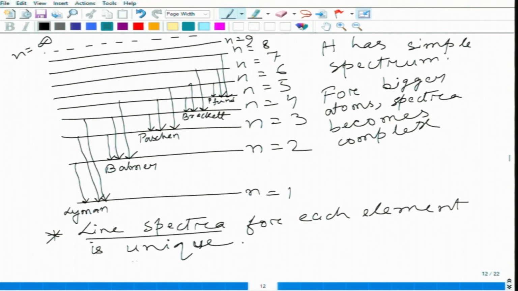So the line spectra is like the fingerprint of elements. Like our fingerprints are unique for every person, similarly the line spectra for each element will also be unique.